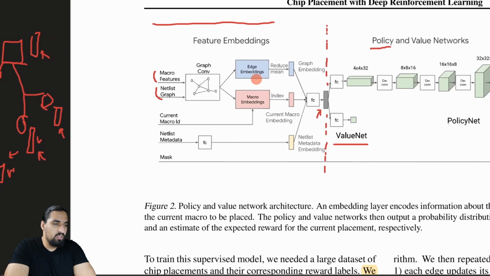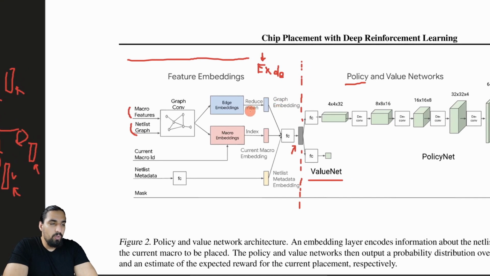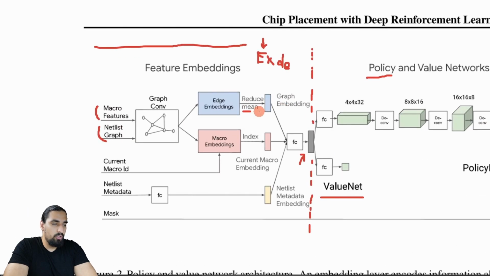So as you can see here, edge embeddings. That's a matrix that's of dimension E times D sub E. So E is the number of edges in your graph, and D sub E is just the feature vector dimension. So once you have that matrix, what they do, as you can see here, they do this reduce mean operation.